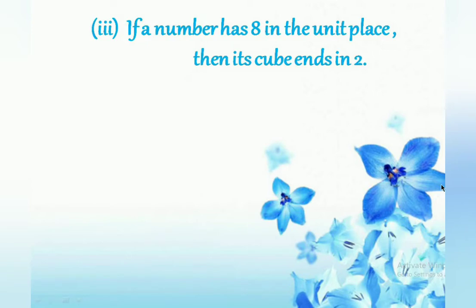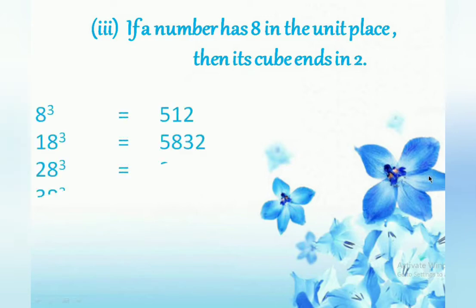This is the reverse property of the previous one. If a number has 8 in the unit place, then the cube ends in 2. Look at the examples. 8 cube is equal to 512, and 2 comes in the unit place. What about 18? 18 cube is 5832.